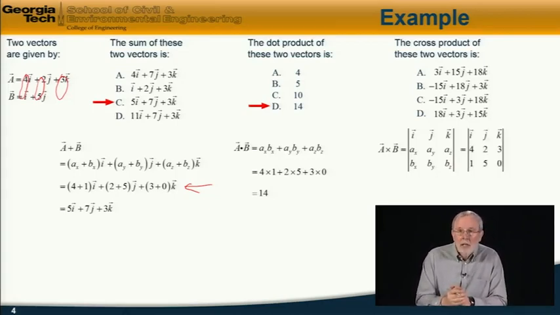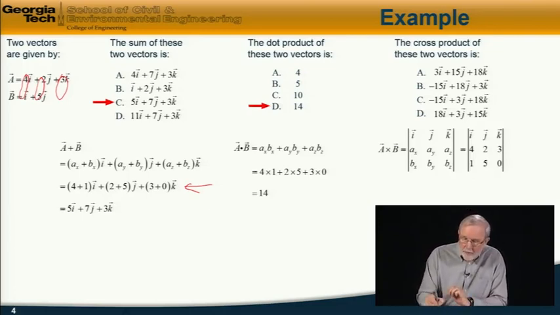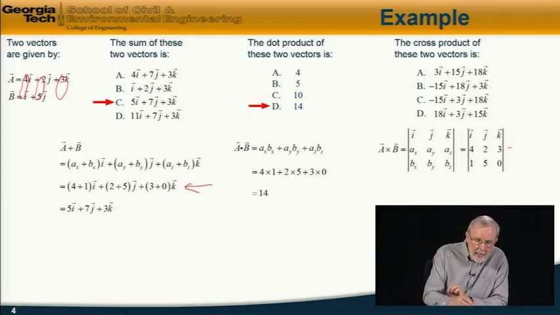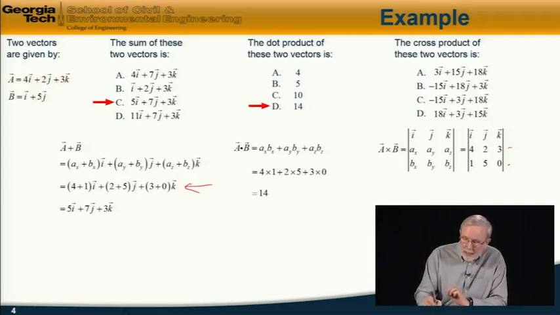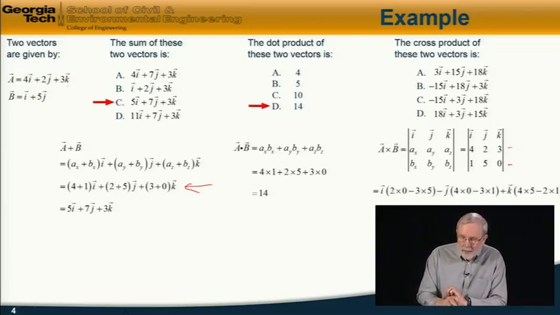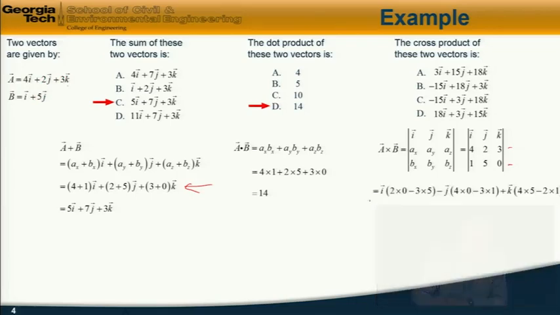So that is equal to the vector A has coefficients 4, 2, 3, and the vector B has coefficients 1, 5, and 0. So to compute this, we start with the i term here, cross out the row and column. That is equal to 2 times 0 minus 3 times 5.